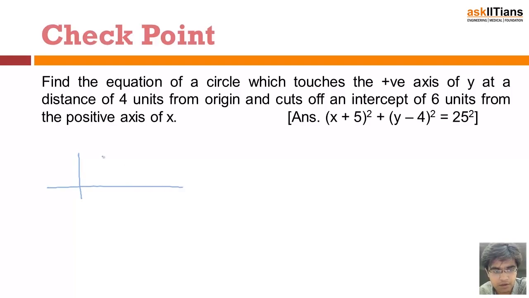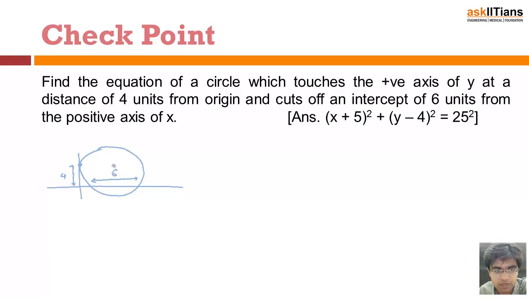The figure says that my circle is such that it is touching the axis of y at 4 units and it is cutting an intercept of 6 units on x-axis. Remember that it is written positive x-axis and positive y-axis, so we don't have to look out for other cases. Now this point is at a 4 unit distance from origin. Similarly, this intercept is 6.